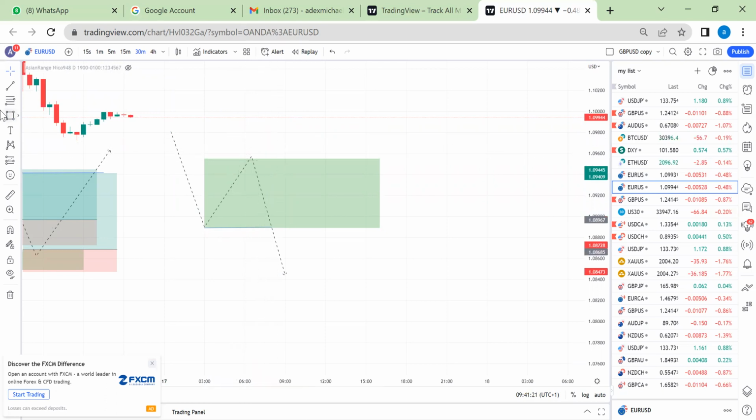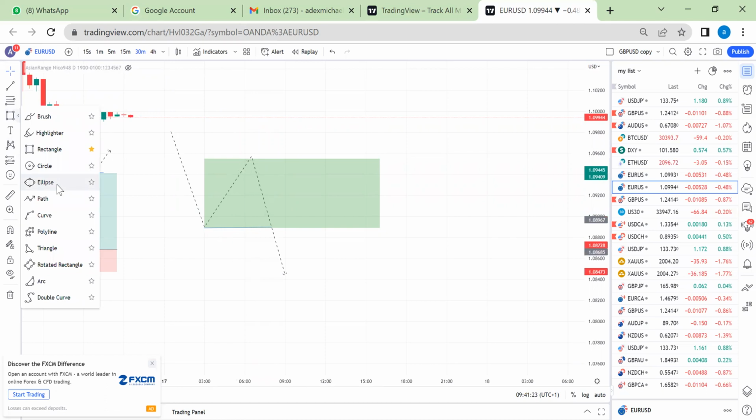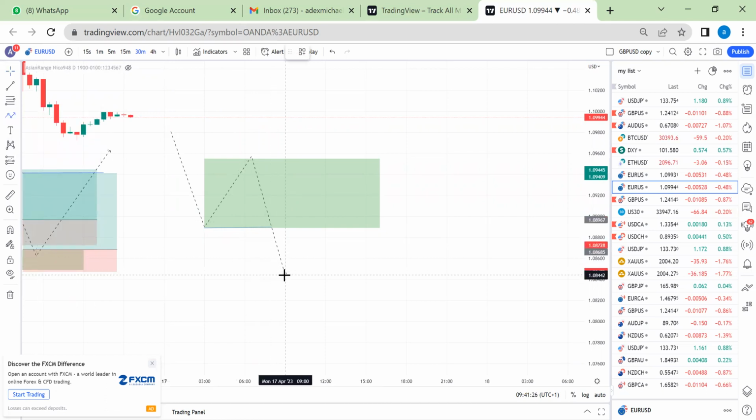So when price begins to retrace for a pullback, it will also form complex structure. We form complex structure, something like this, moving back down. Then it forms something like this.